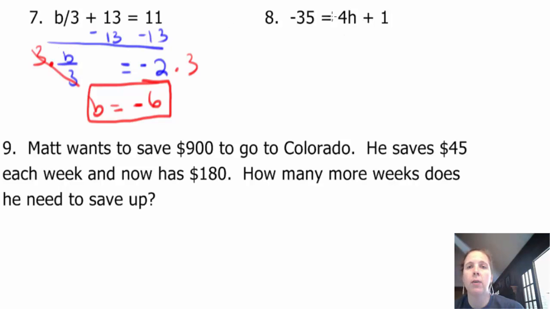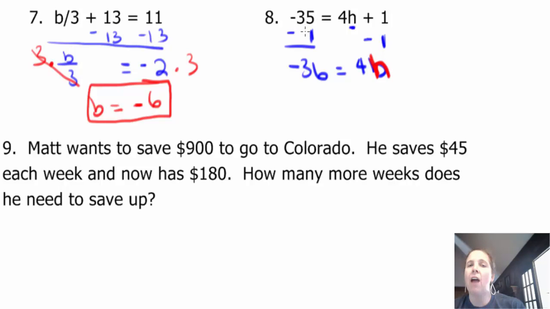Second to last one. So here again we want to isolate our variable. Remember, it doesn't matter which side it's on, but you want to move away from your variable. You don't want to add the 35 over because you're just going to have to subtract it back. So we subtract 1. So we have negative 36 equals 4h. Remember, that looks like a b, but it's an h.